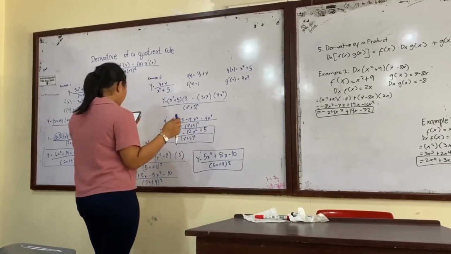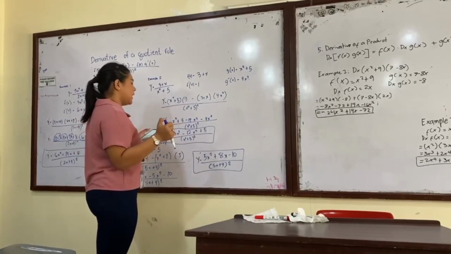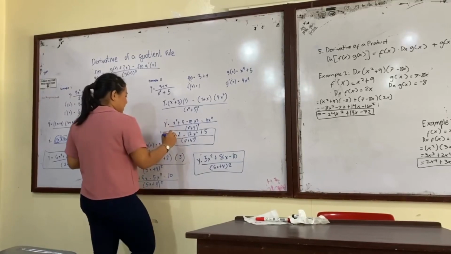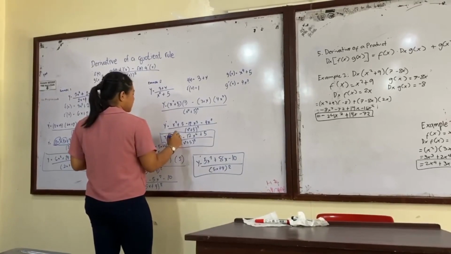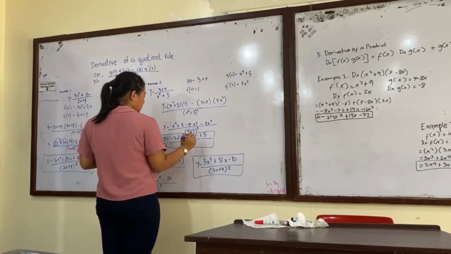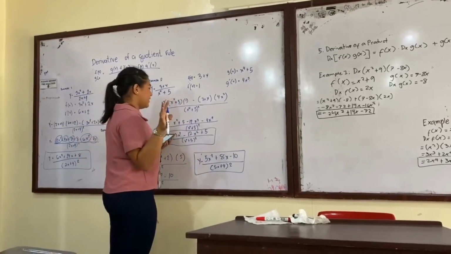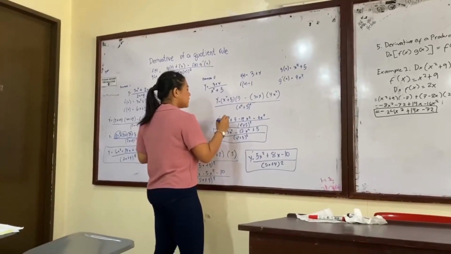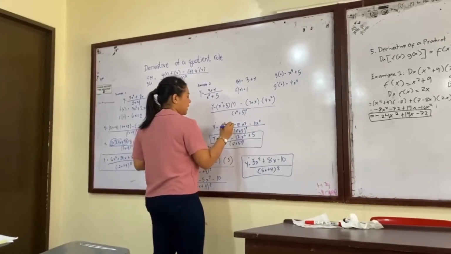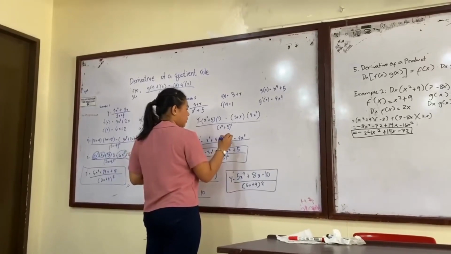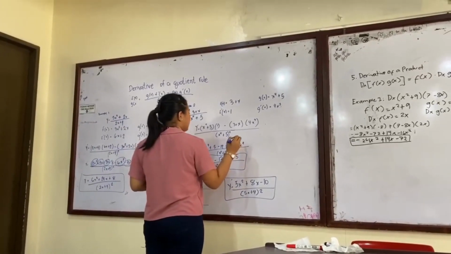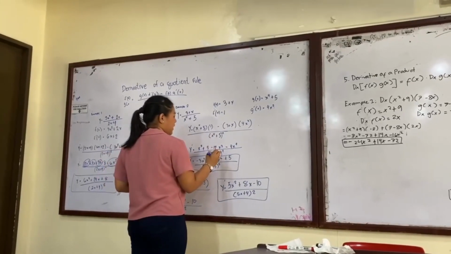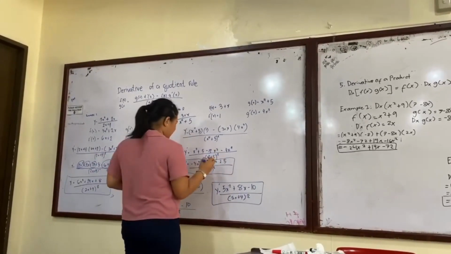Next is simplify the numerator. Let's apply the FOIL method. And the answer is negative 3x raised to 4 minus, and let's apply the FOIL method. And the answer is y is equal to x raised to 4 plus 5 minus 12x cubed minus 4x raised to 4 over x raised to 4 plus 5 squared.